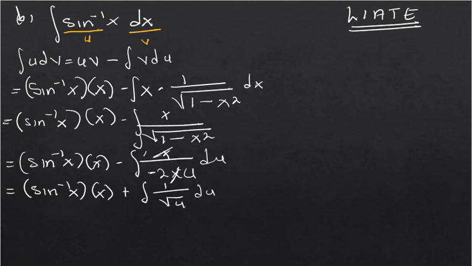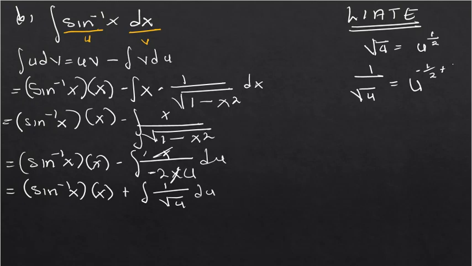Notice that 1 over root of u is the same as u to the power negative 1 over 2. And if we integrate this, that means 1 over root of u is the same as u power negative 1 over 2.